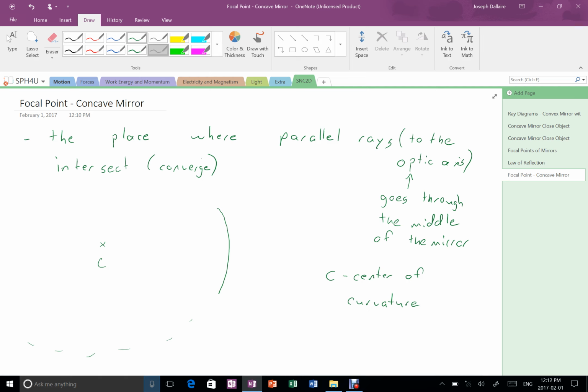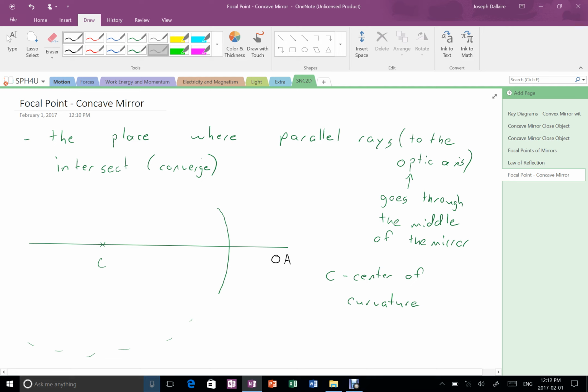And the optic axis is the line that goes straight through the center of the mirror, so it goes through the center of curvature and the middle of the mirror. Something like this. So that's our optic axis. OA is how we label it.